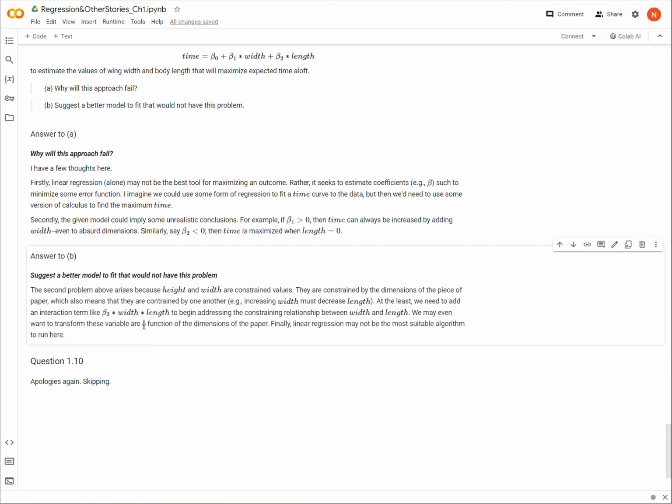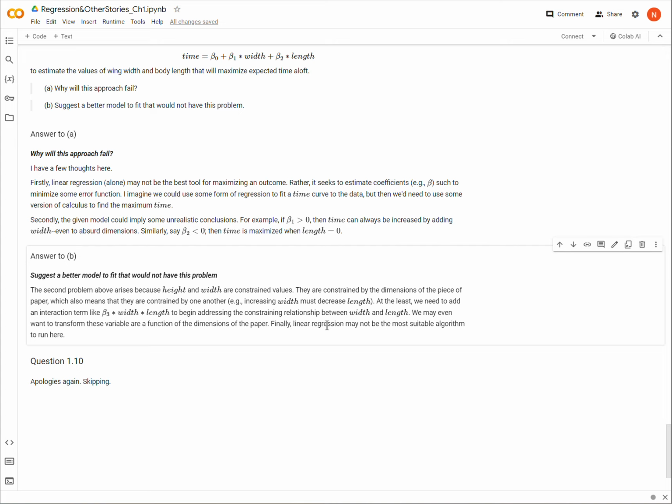We might also consider transforming the width and the length variables to something that reflects the constraints that are imposed upon them. We may even add additional variables that somehow reflect this, like the ratio of width over length. And then finally, we may find that linear regression is really not the best tool to use here.